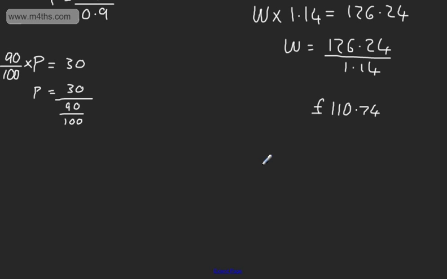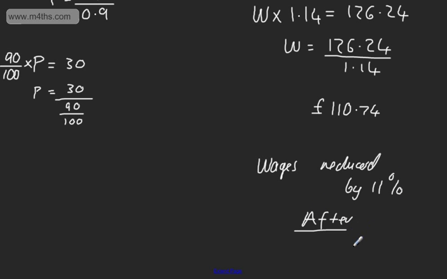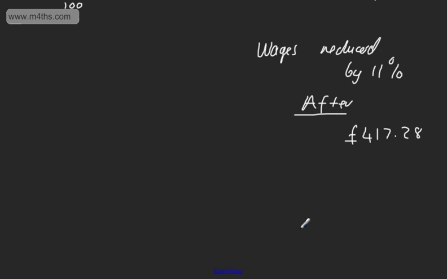So if we do one more last one, let's say now that my wages dropped. So my wages were reduced by 11%. After the reduction, I earned £417.28. What were they before?